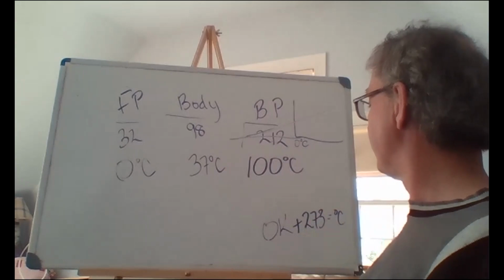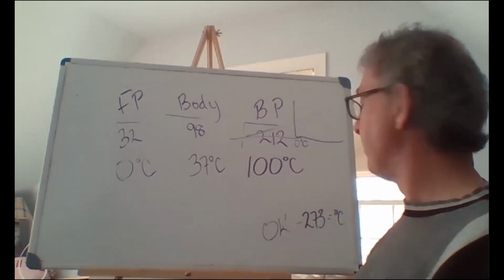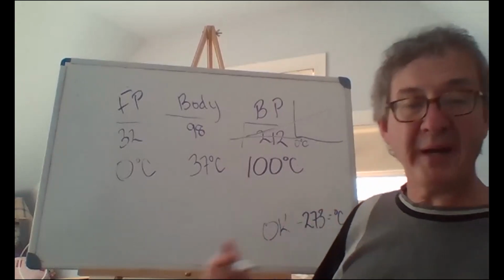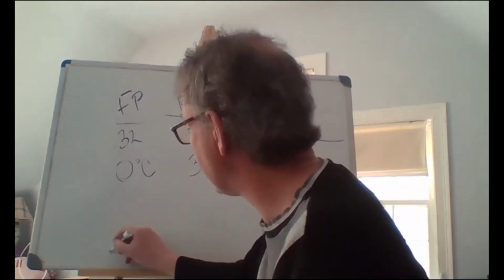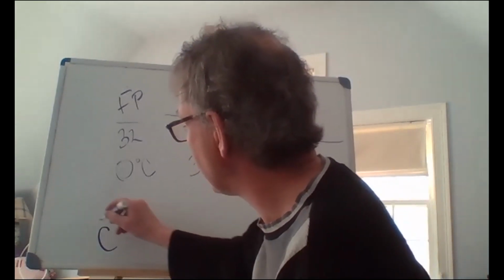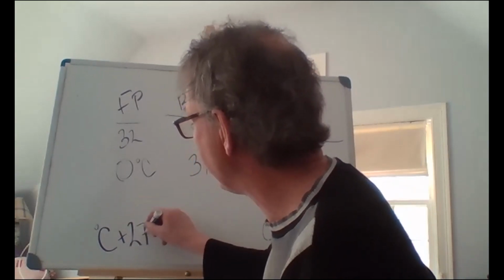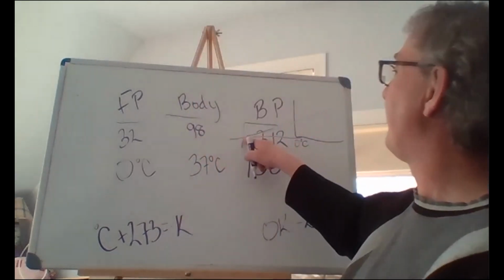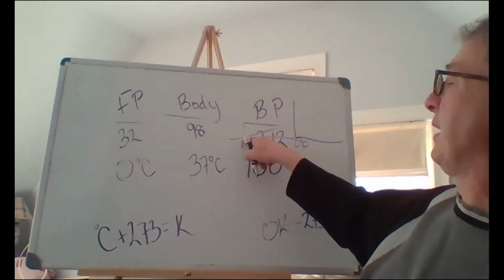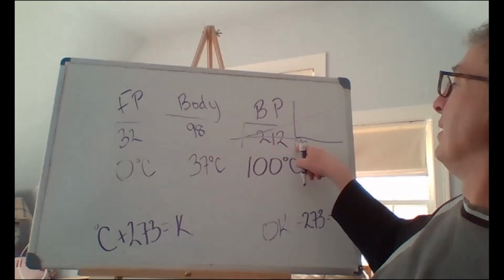Sorry. Minus 273. A better way to describe this is whatever the Celsius is plus 273 equals K. Meaning, if that's minus 273, and you come up to there, K is 273.